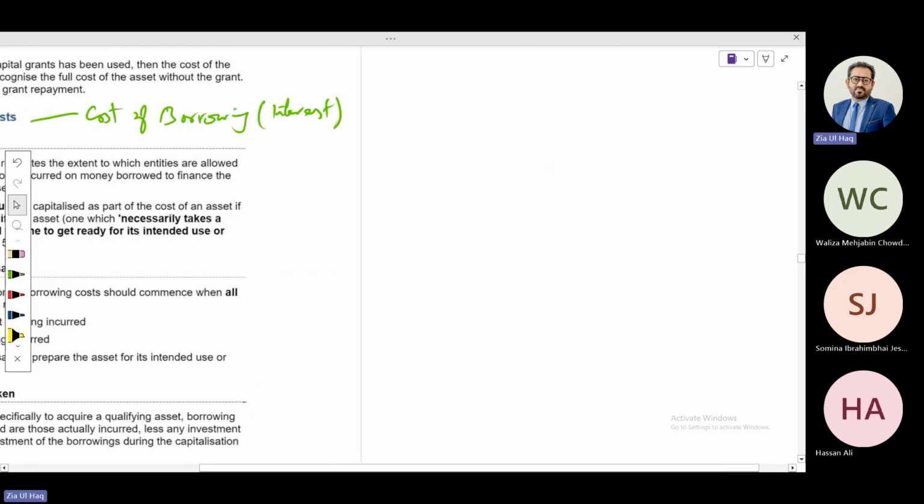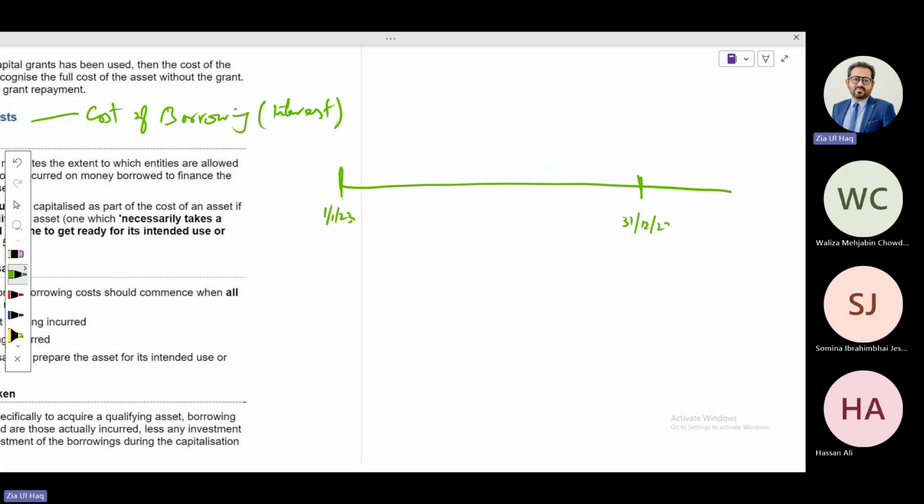Suppose this is a time period. Suppose this year started on 1st of January 2023 and ended on 31st December 2023, and after that, the next year.